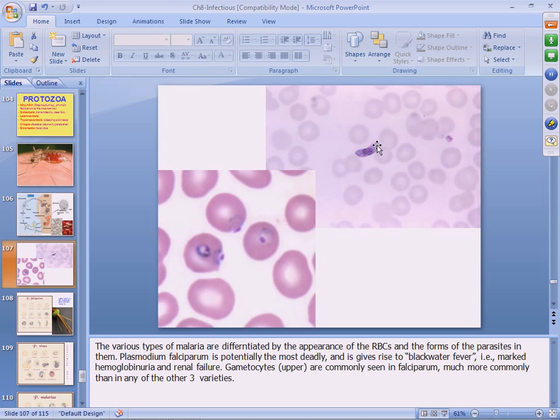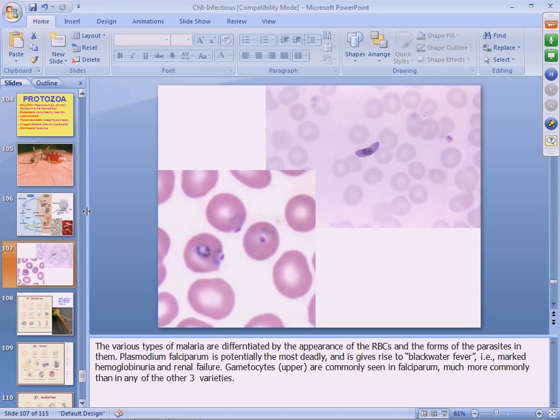It's usually in the red cell, though in this one, it looks like it's kind of escaped from a red cell. There's also going to be some form between the ring form, which is an early form of the red cell infection, and the gametocyte, which is a late form, called schizonts. And we'll probably show you a picture of that as well.